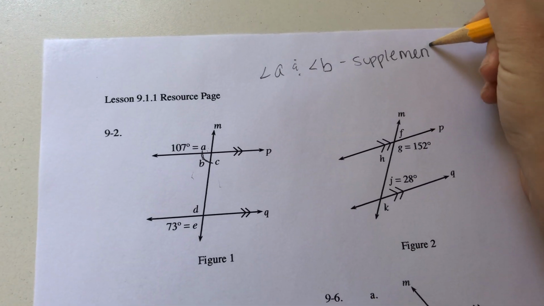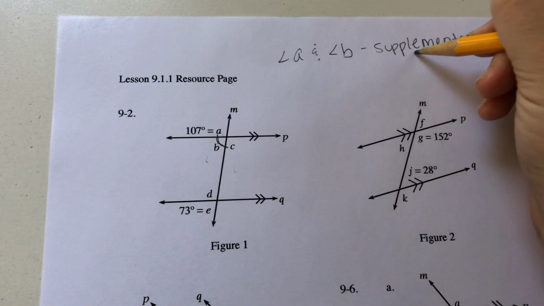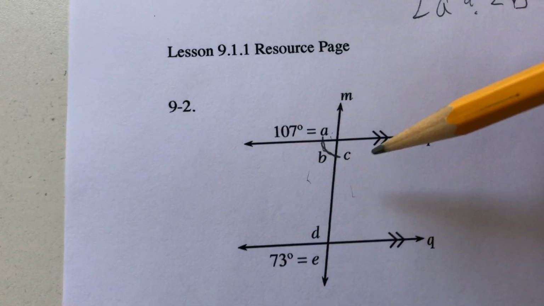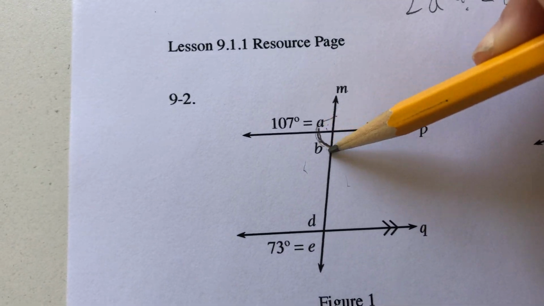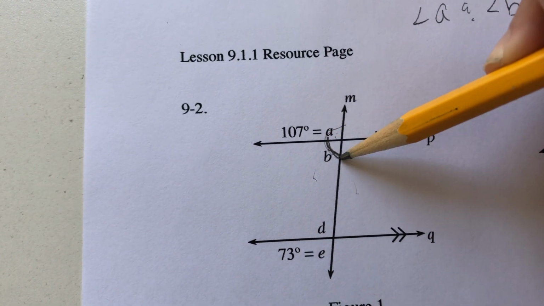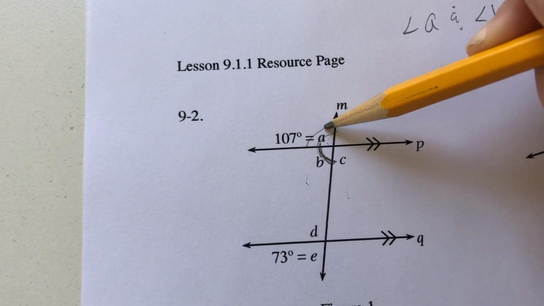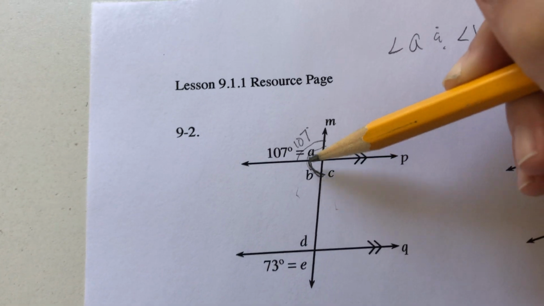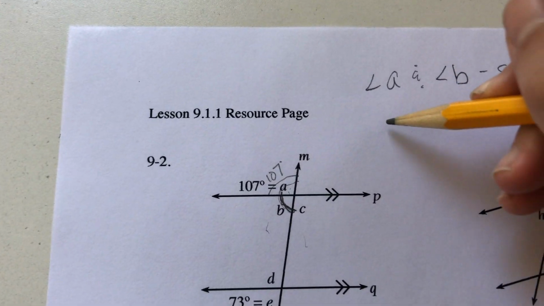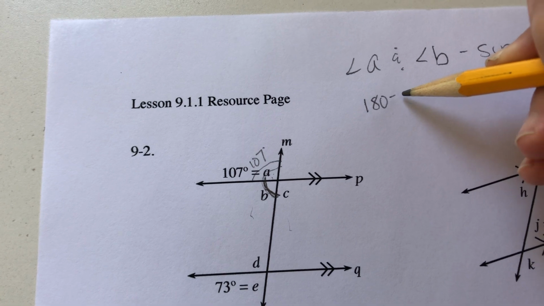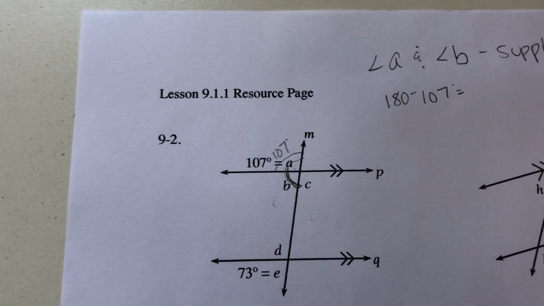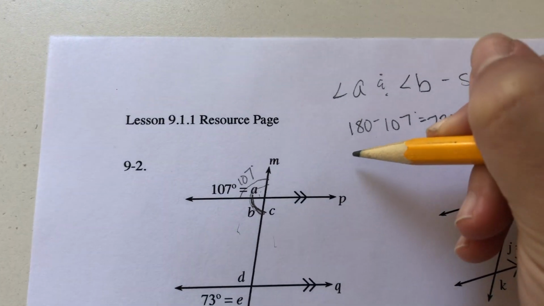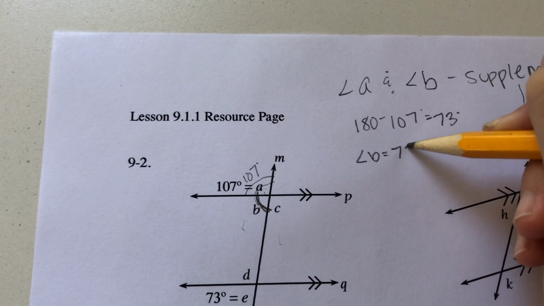That means their total adds up to 180 degrees, because they're on a straight line. If I took the whole angle right here, that would be 180 degrees. But I want to find B. If A is 107, we can find the difference, 180 minus 107, and get angle B, which is 73 degrees. So angle B is 73.